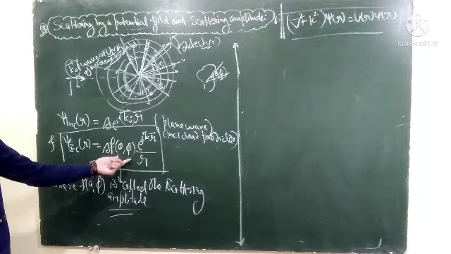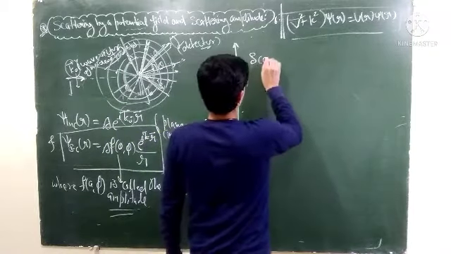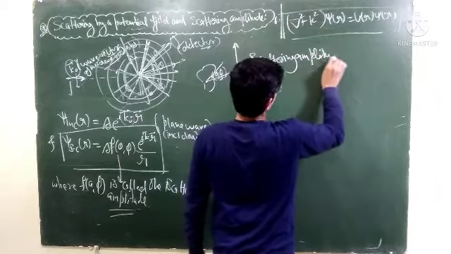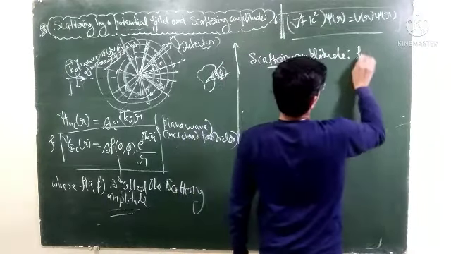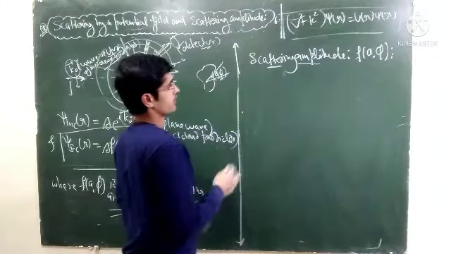Scattering amplitude is this particular function. So how can you define this scattering amplitude? It is this function f of theta and phi.